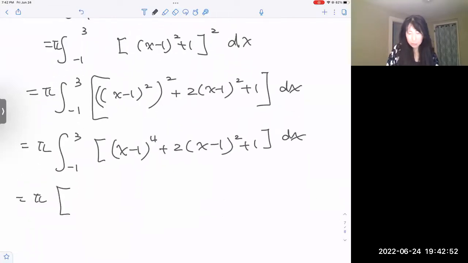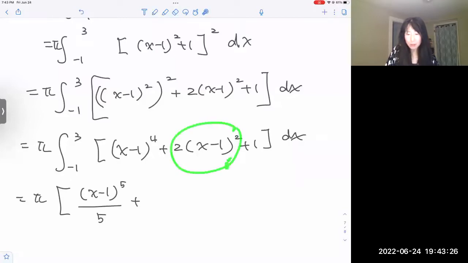Pi. We do the antiderivative. x minus 1 to the fifth divided by 5, plus we do the antiderivative of this one: x minus 1 to the third over 3.